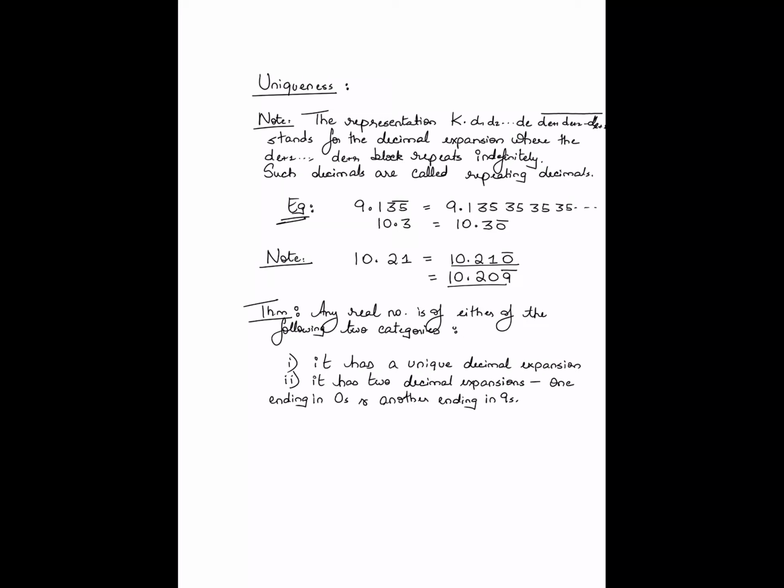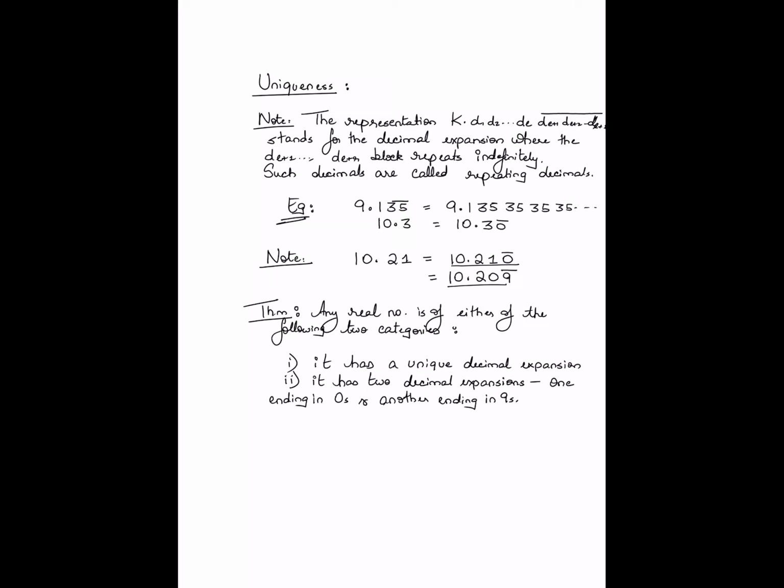But I just wanted to state this as the uniqueness property of the decimal expansion: in general you are not unique, but there is a very special type of non-uniqueness that only happens, namely that real numbers which can be represented by terminating decimals also have a corresponding non-terminating representation where the non-terminating part is basically repeating 9. Okay, so this is all I had to say about the uniqueness.